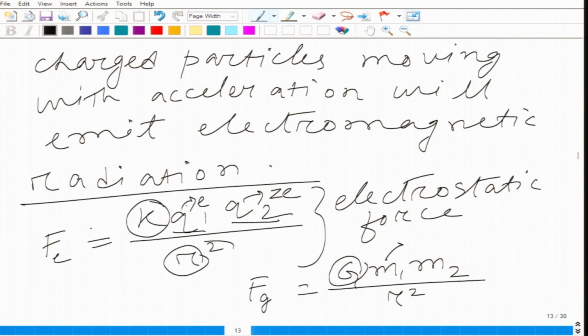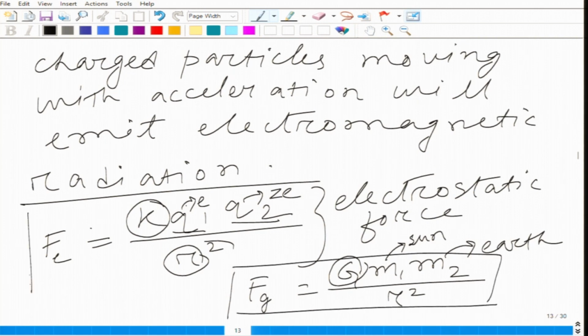For example, if m1 is the mass of the sun, then m2 is the mass of the earth, and R is the distance between the sun and the earth. So the two formulas look quite similar. This also shows that the atomic model and the planetary model were quite similar.